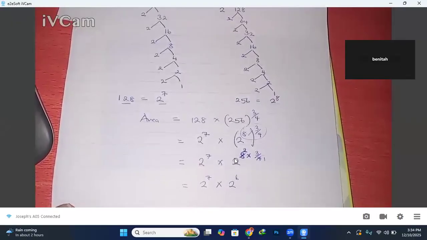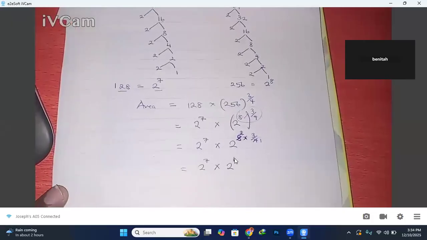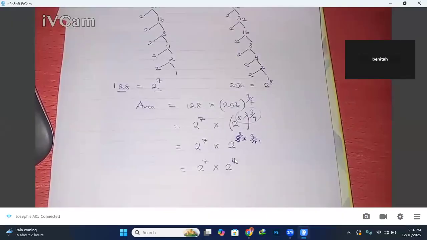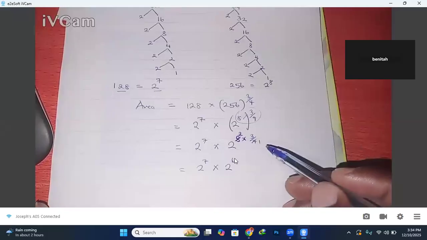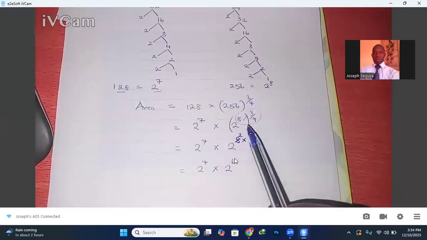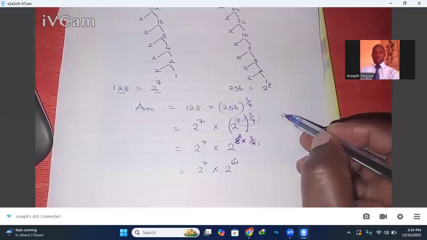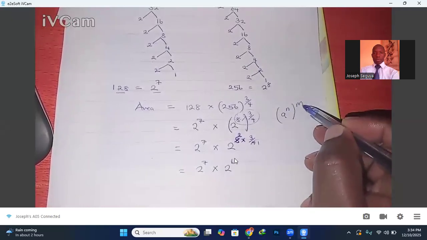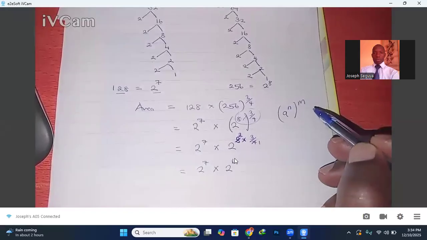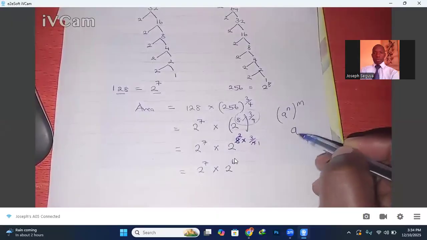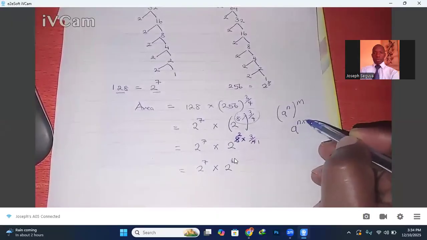Excuse me, teacher. Yes, I'm listening. I've not understood this 2 to the power 8 and that power, 3 over 4. Okay, what you should know is that in indices, if you have a number to a power and again to another power, you need to multiply the powers so that the number becomes a to the power n times m.